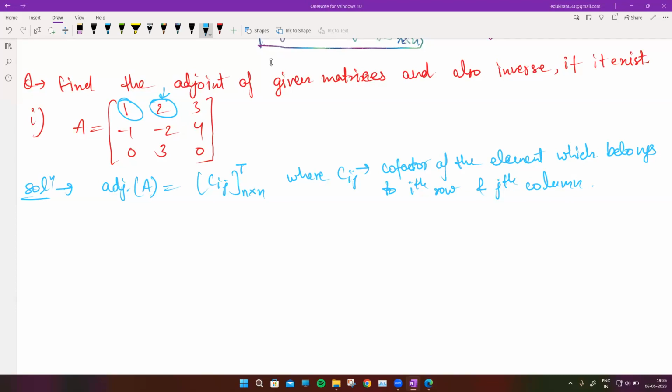Austin, you are again correct. Pfizer is correct as well. Humamuddin and Tharif, can you find out the cofactor for this element 2? If not, then please tell me. I will help you out. No worries.